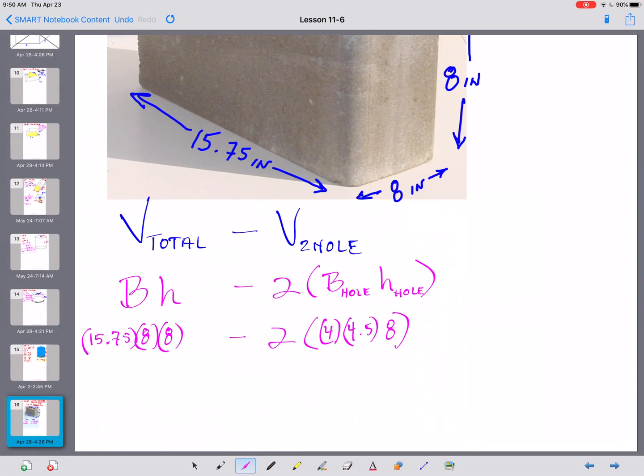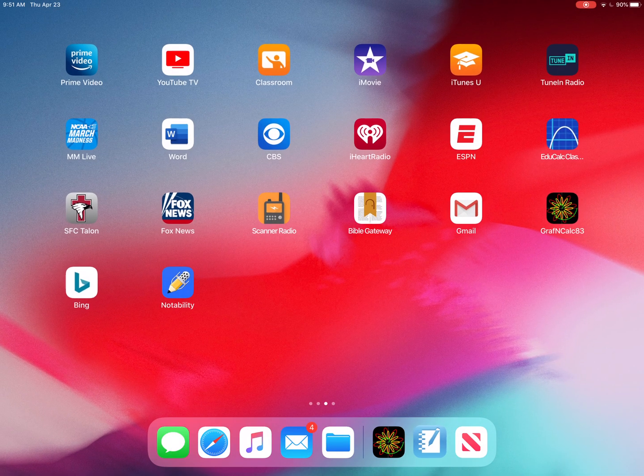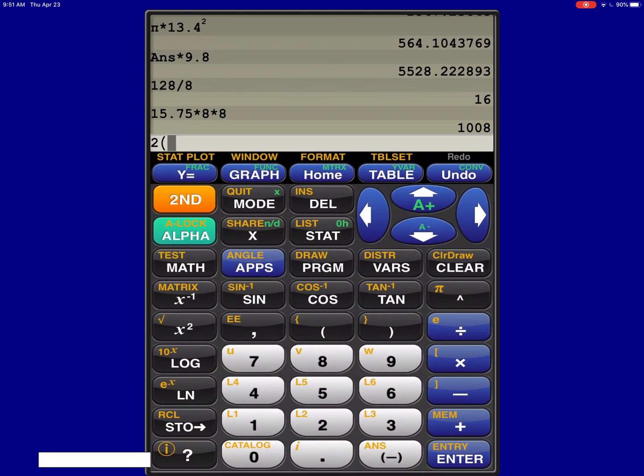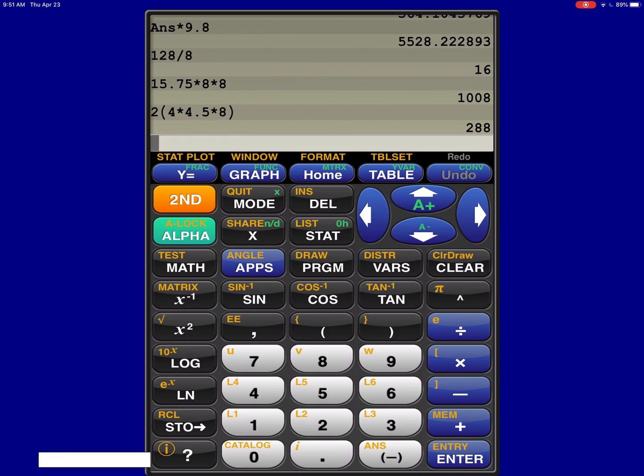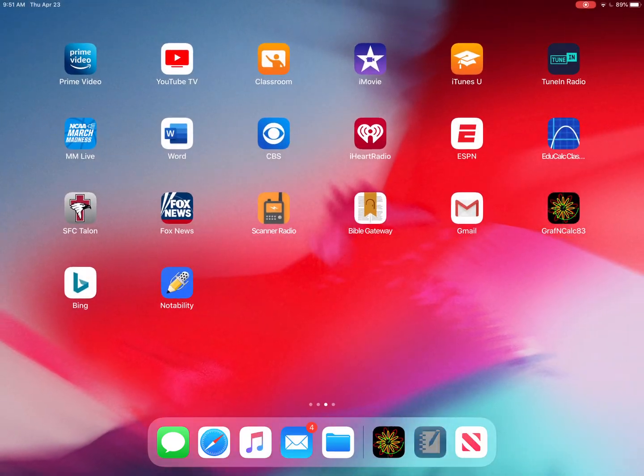Minus 2, because there's 2 holes, times 4 times 4.5 times 8. The area of each hole is 4 by 4.5, and the height of the hole is 8. There it is, 288.